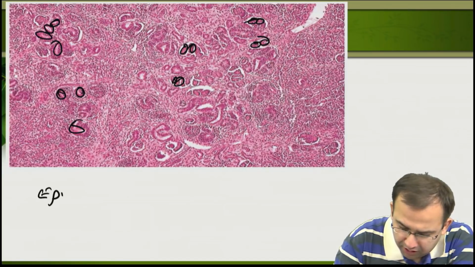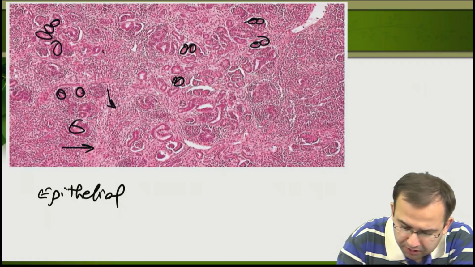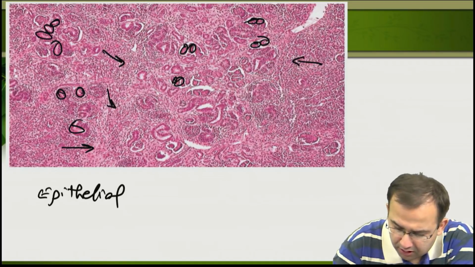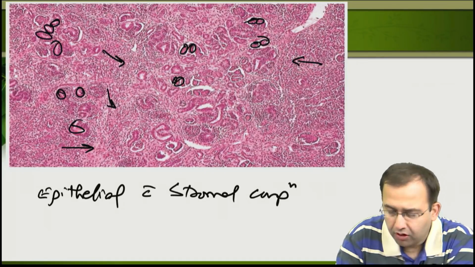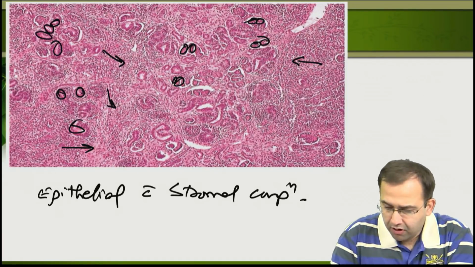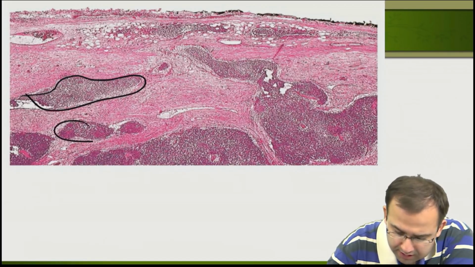With the interspersed everything is the stromal component. Epithelial with stromal component are seen in this slide, versus the presence of small round cells.